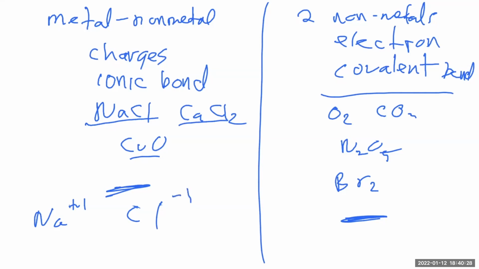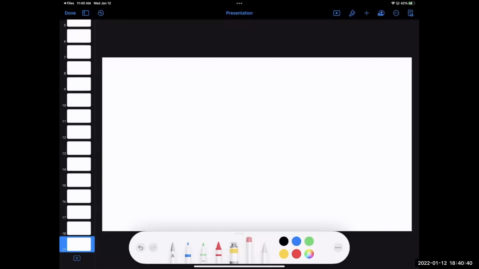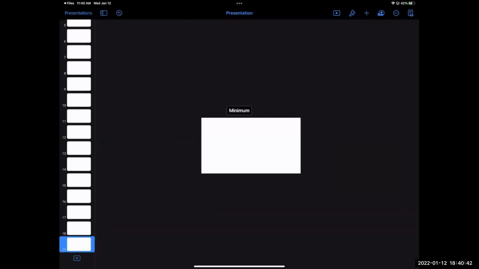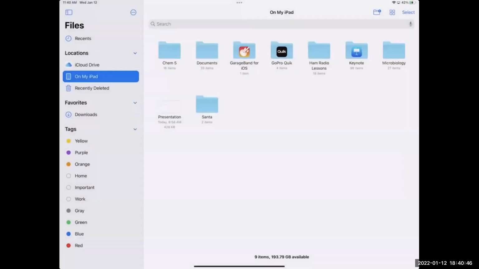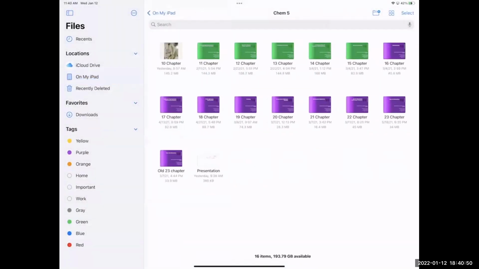Okay, remember that? I need to pull up a periodic table real quick here. Thought I had one on my iPad. Let me see real quick. I know I have a periodic table here I was working with.